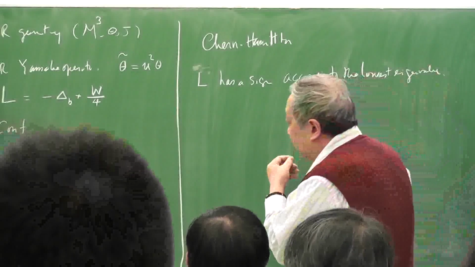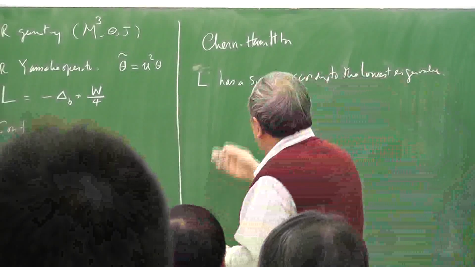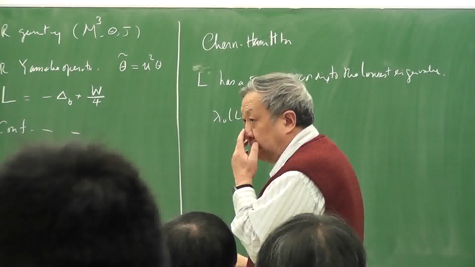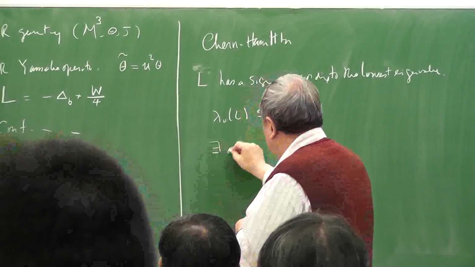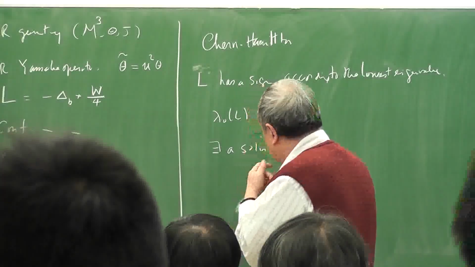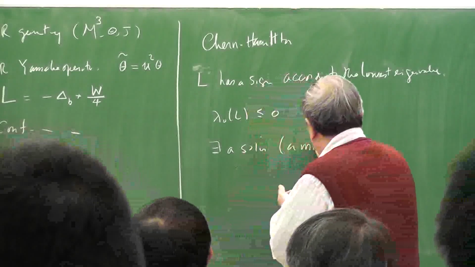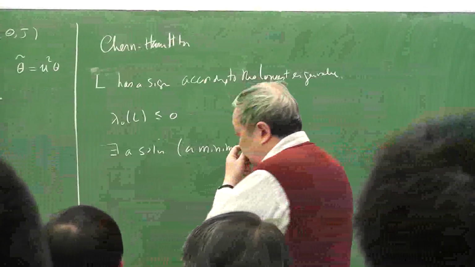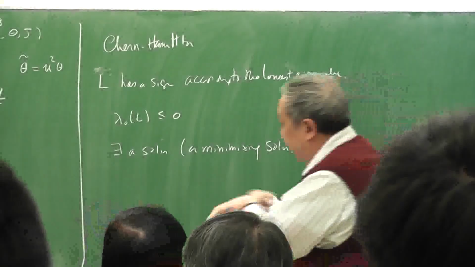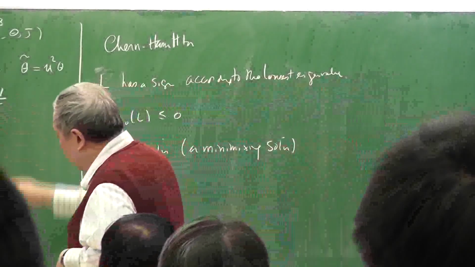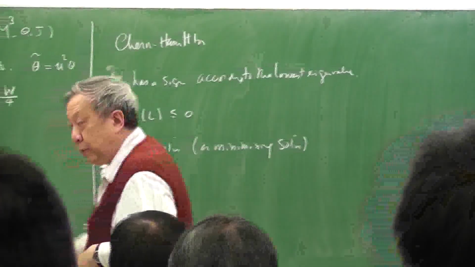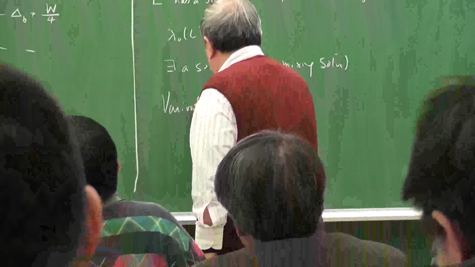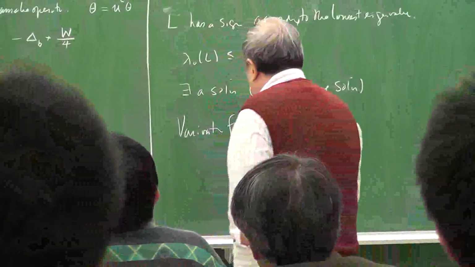So it turns out this problem is relatively easy when the lowest eigenvalue is non-positive, then there exists a solution. In fact, it's what's called a minimizing solution. By minimizing, I mean the following. There is a variational functional for which this equation is the Euler equation. The variational functional is the following.